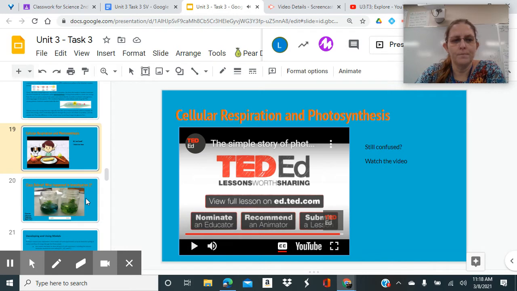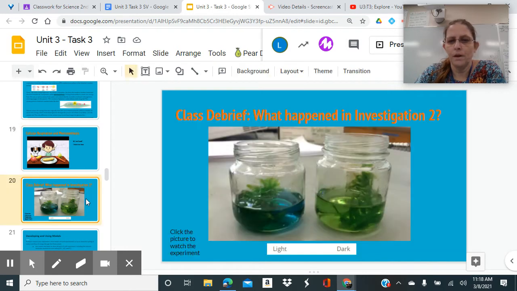All right, perfect. So that helped you understand, hopefully, how cellular respiration and photosynthesis work together to help everybody survive. Okay. So this is what happened, or what should have happened, in investigation two.